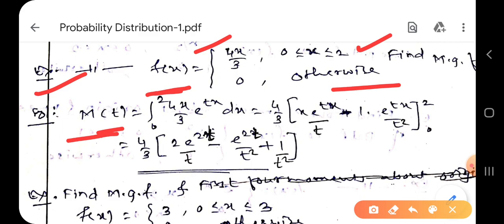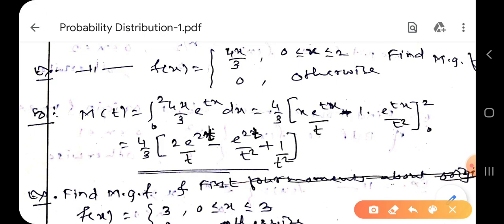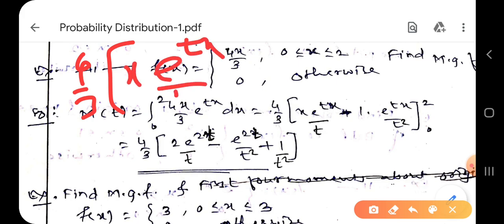This is the question here. So M of t is equal to the integral from 0 to 2 of 4x upon 3 e raised to tx dx, which is equal to 4 by 3. See here, 0 to 2, use the u into v rule. 4 by 3 is constant, u into v rule, x as it is. What is the integration of e raised to tx? It is e raised to tx upon t, minus the derivative of x, which is 1.